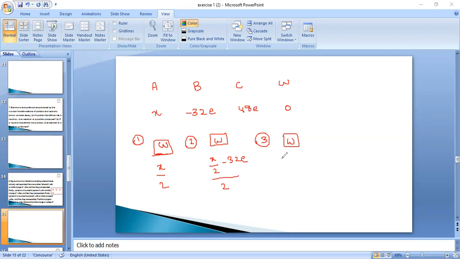So for W, the charge is X by 2 minus 32E by 2 plus 48E, the charge of C, all divided by 2. And this is the final charge of W.